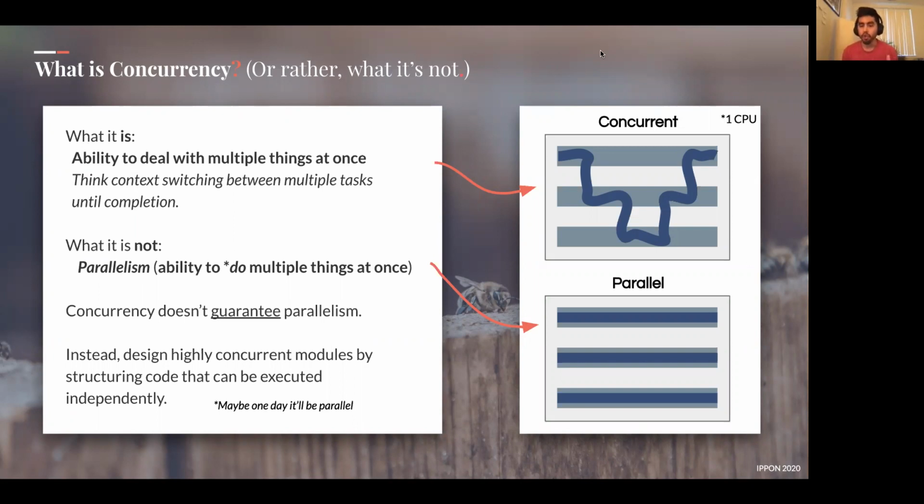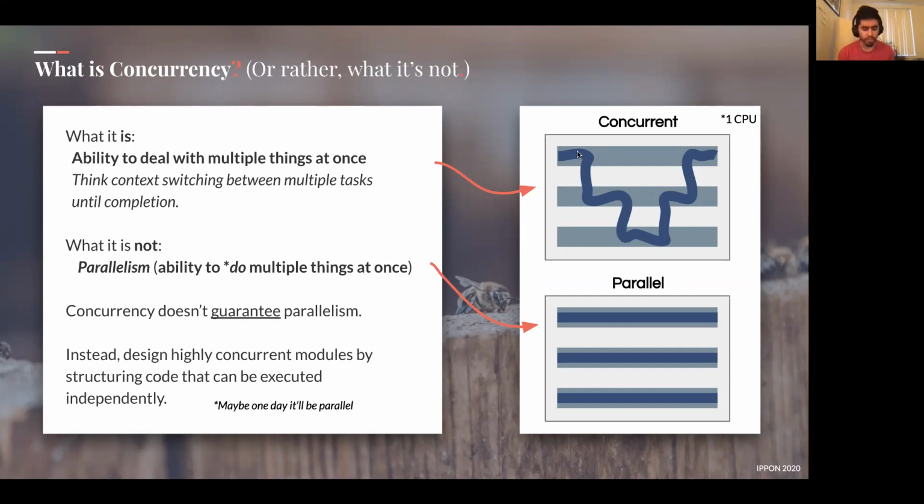The grayed out lines are 3 separate processes, and the darker blue line is the trail of how it's being executed. It might start one process, block somewhere, jump to the next, and continue until all processes are finished. So it's not doing all of them at once, it's only doing one thing, but it's handling multiple.